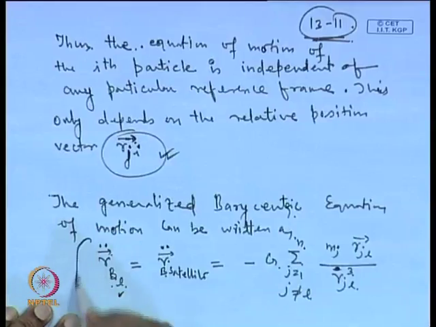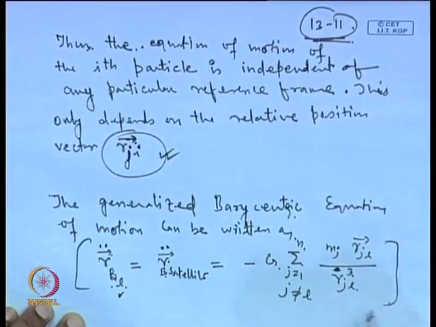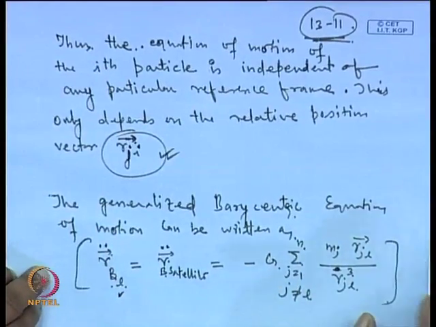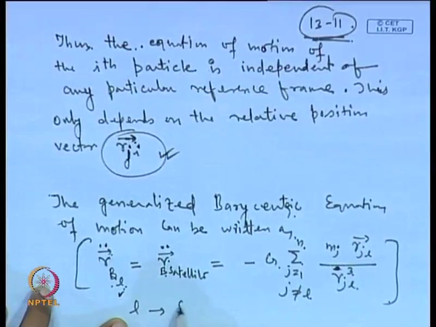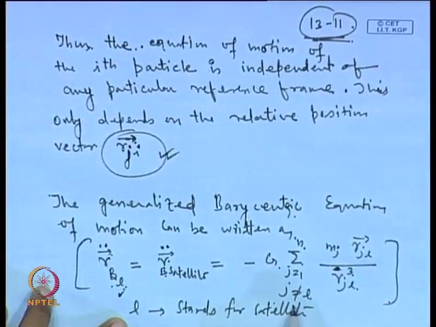Okay. So, this is the motion of the satellite, which we have indicated by L. L stands for satellite. So, this gives the motion of the satellite about the barycenter.